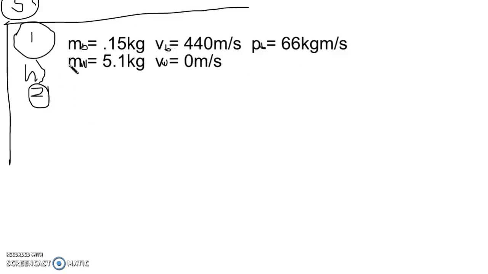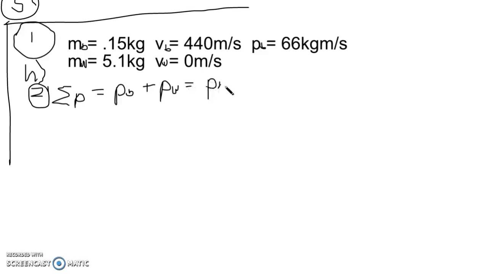Now again, we're looking for the velocity of the bullet-block combination. So what are we going to use? We're going to use the law of conservation of momentum, right? So the sum of the momentums beforehand, that being the momentum of the bullet and the momentum of the wood, will equal the sum of momentums after.